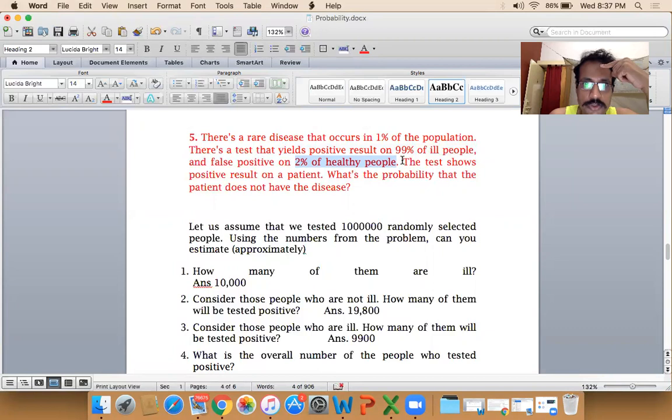So the test shows a positive result on a patient. The test is showing that the patient is corona positive. And what is the probability that the patient does not have COVID, right? Okay. So let us assume that we tested 1 million randomly selected people, right?